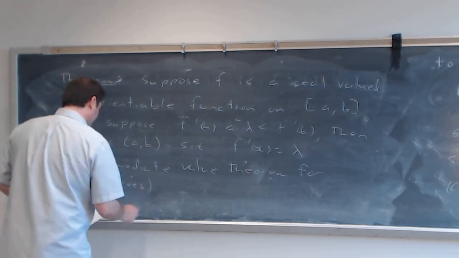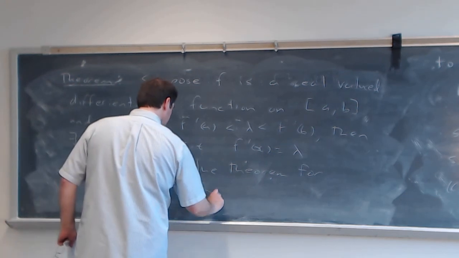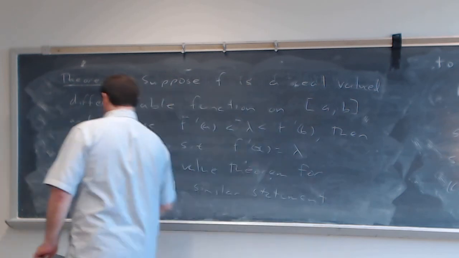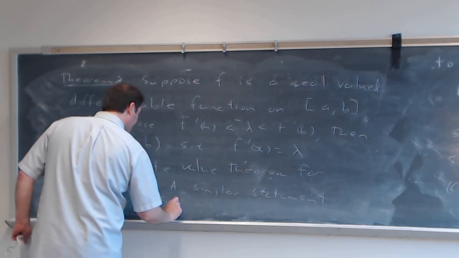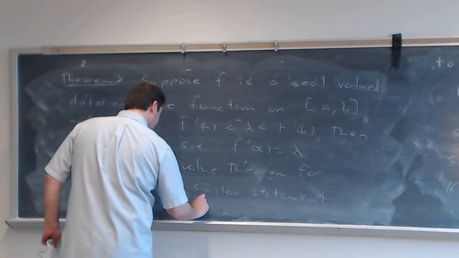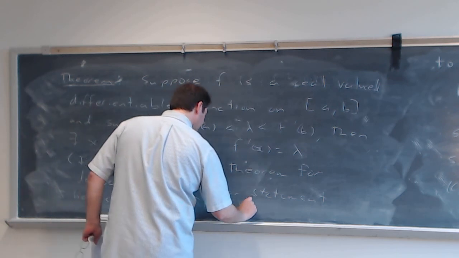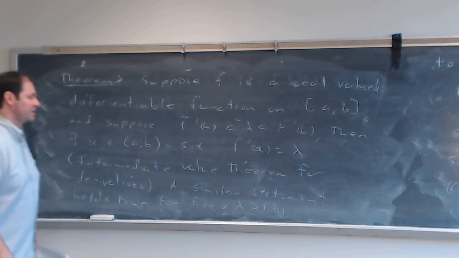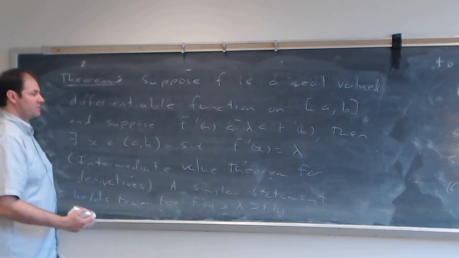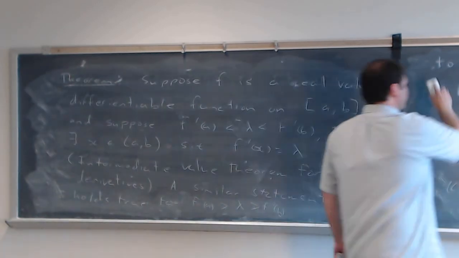And a similar statement holds true for the situation where f prime of A is greater than lambda, which is greater than f prime of B. So we're just looking at a specific case here where the derivative at the left endpoint is less than the derivative at the right endpoint.